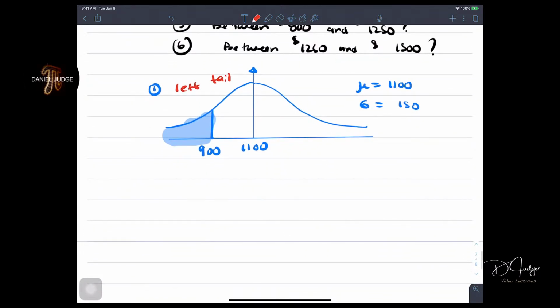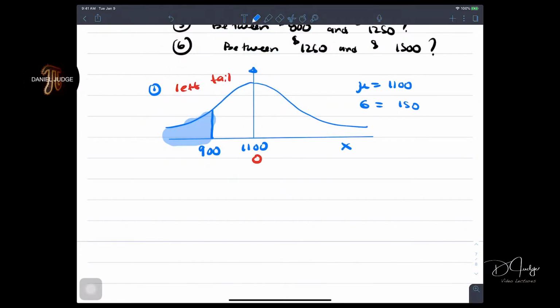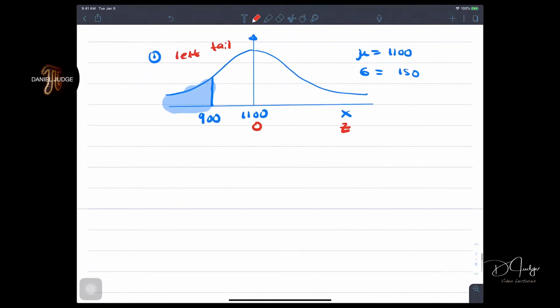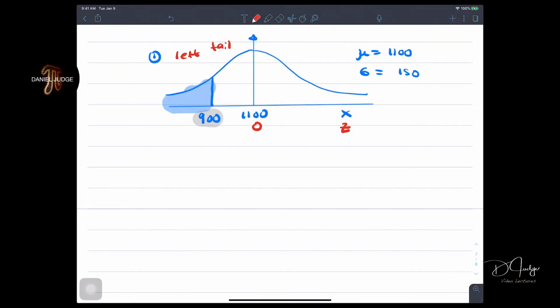So remember, these are all X values on top in blue. We got to convert, and the mean is always 0. So the question is going to be for us, what does 900 become? So Z would be X minus, now we need the mean. This is a different mean.